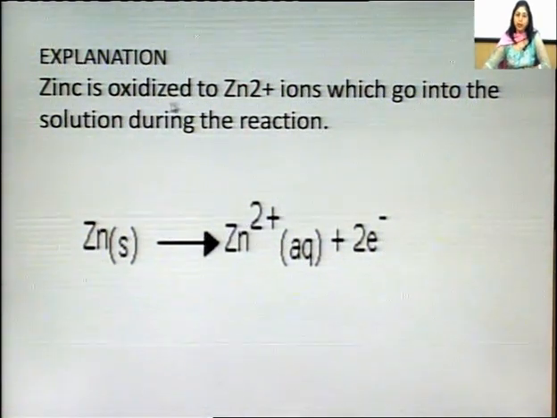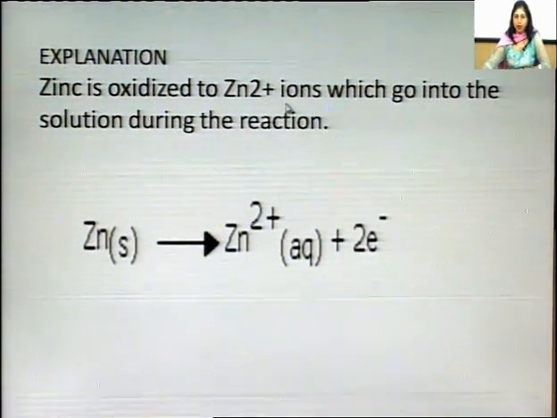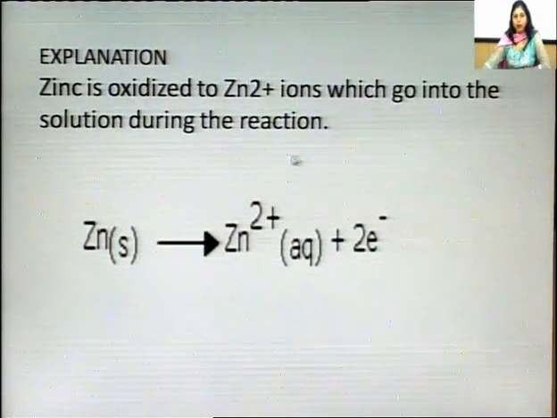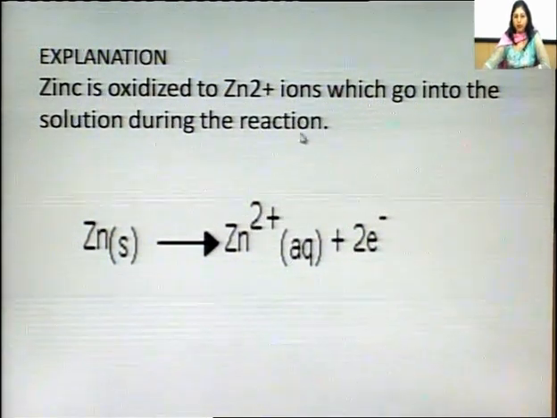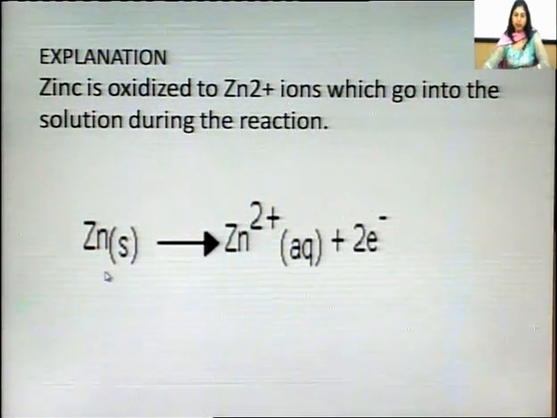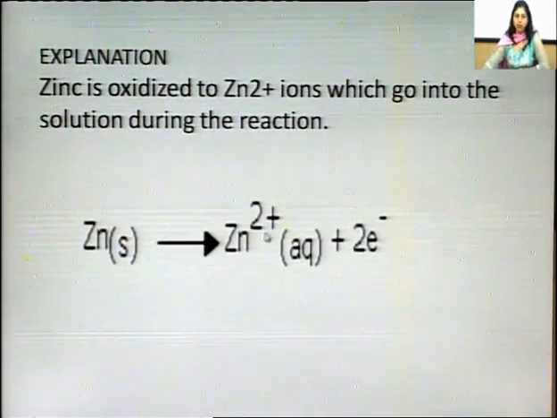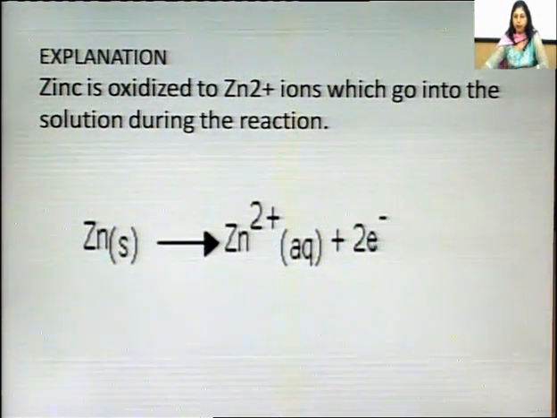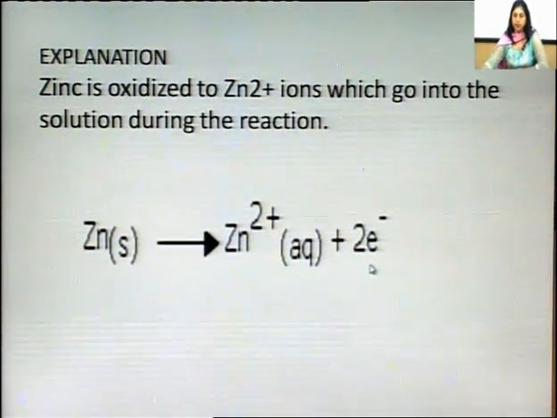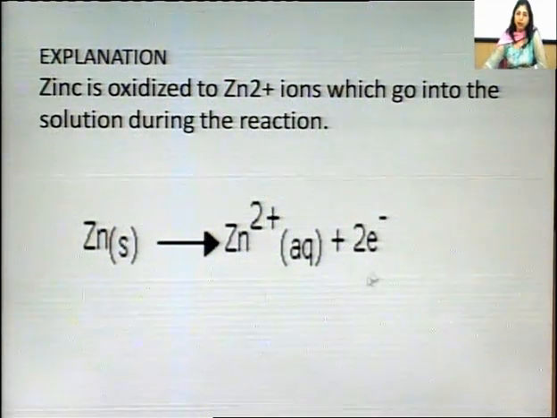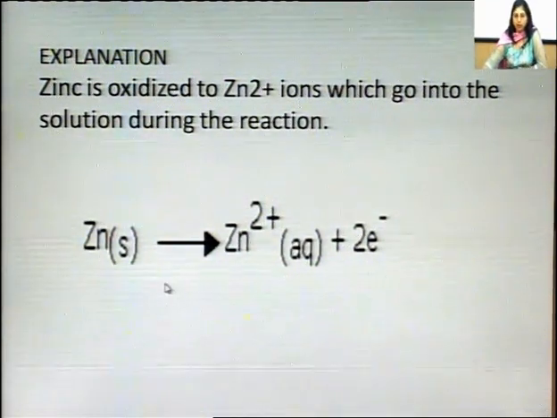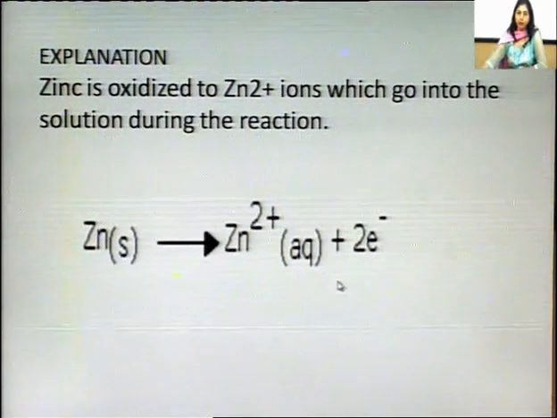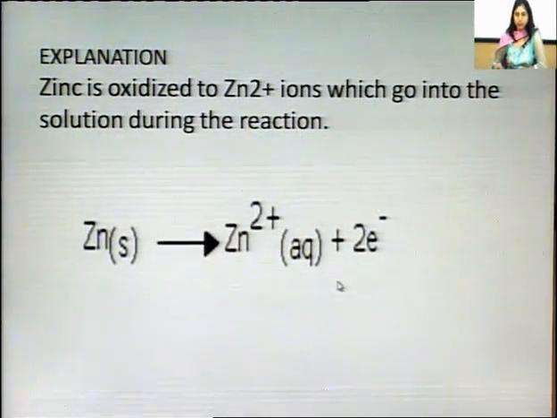First, zinc is oxidized to zinc ions which go into solution during the reaction. That is, zinc is changing into Zn2+ ions plus 2 electrons. This process is known as oxidation, as zinc is losing 2 electrons.